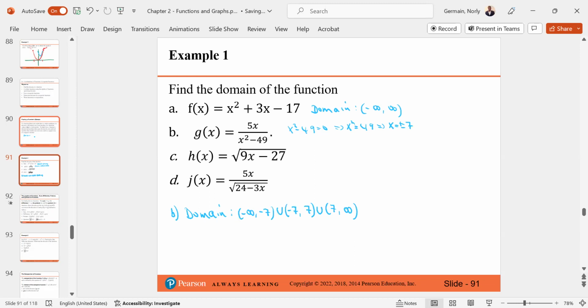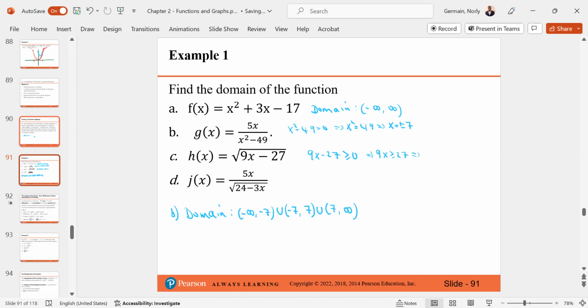So we need to make sure that whatever we have underneath the radical, 9x minus 27, must be greater than or equal to 0. It cannot be less than 0. So if we add 27 to both sides, you're going to have 9x must be greater than or equal to 27.